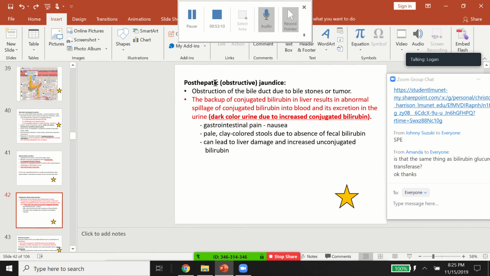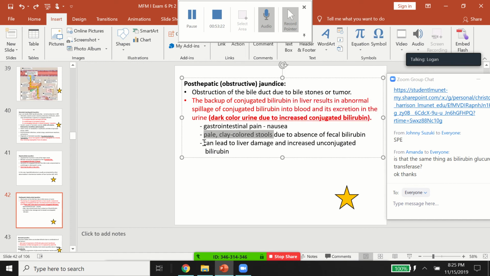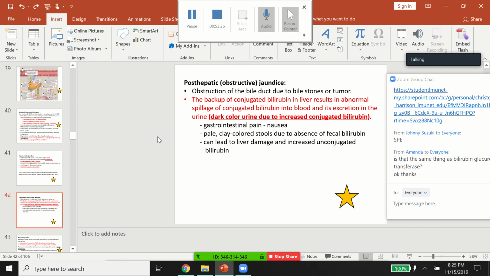Because you can already conjugate just fine, right? Because it's not hepatocellular, but it just piles up because of that blockage, and therefore you get dark color urine. So if it says that, also notice, I've already mentioned, you do also get that pale clay-colored stools, right, because you're not able to get that stercobilin to get that color. So dark color urine for this one.